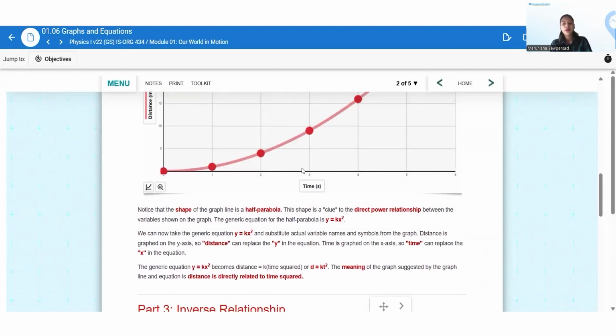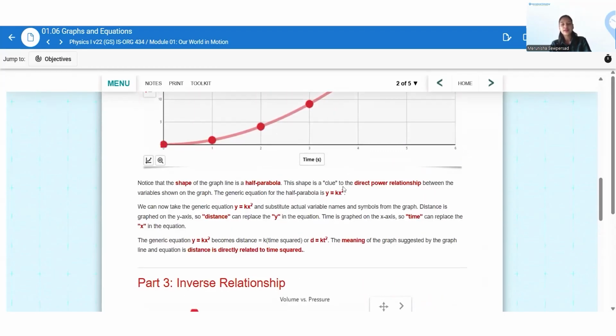Now, with a quadratic relationship, it's kx squared.